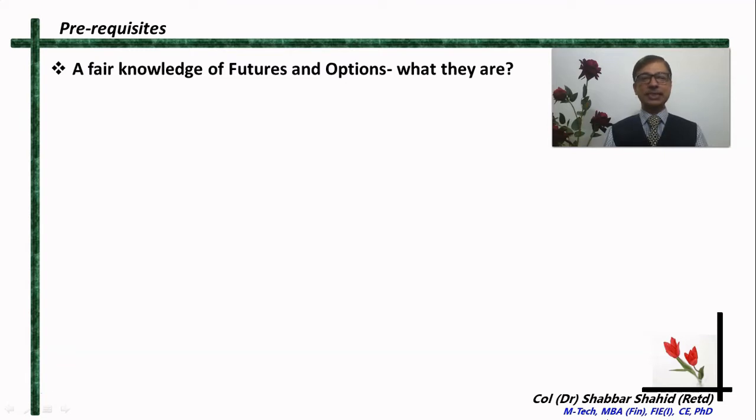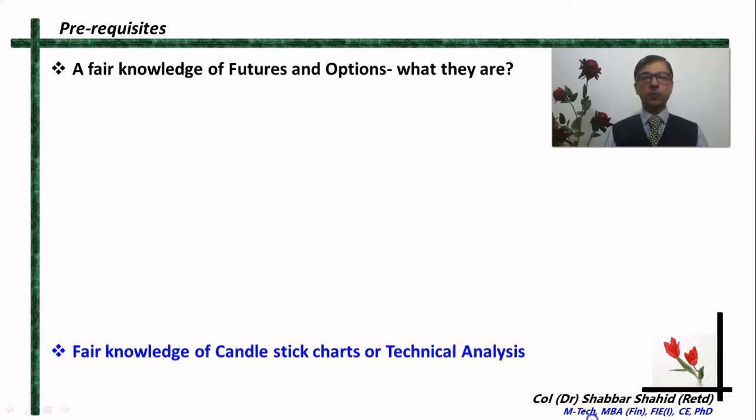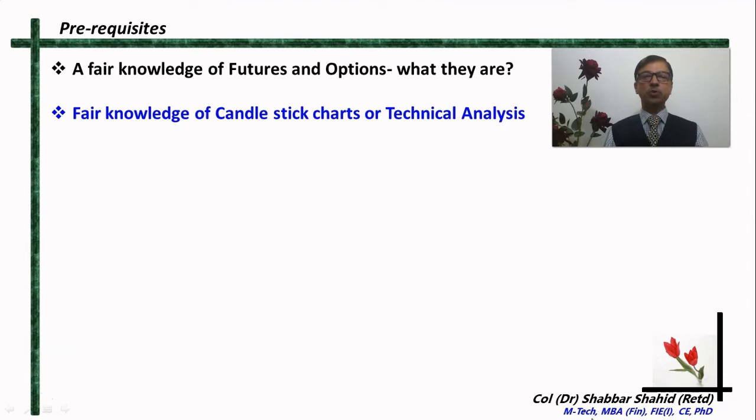And the first thing is that you should have a fair knowledge of futures and options. You should know what futures and options are. Without that, the course will have no meaning for you. Secondly, you should also have a fair knowledge of candlestick charts or candlestick patterns or some technical analysis.